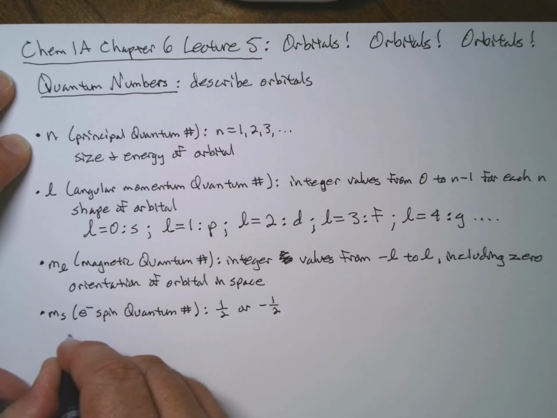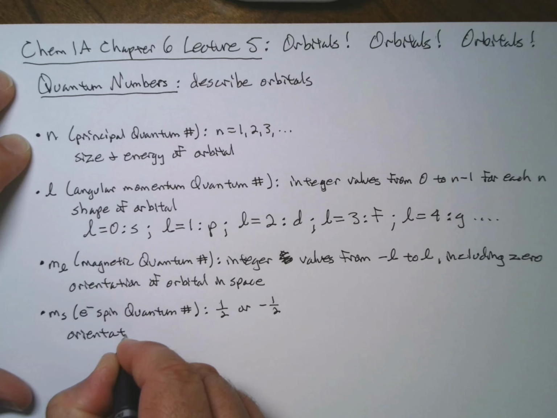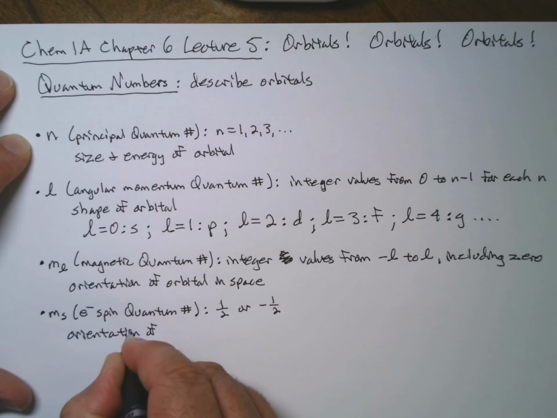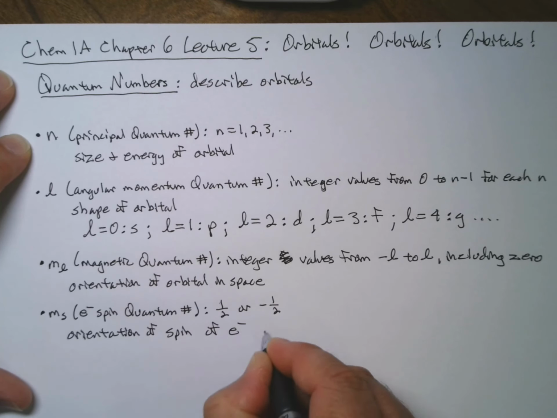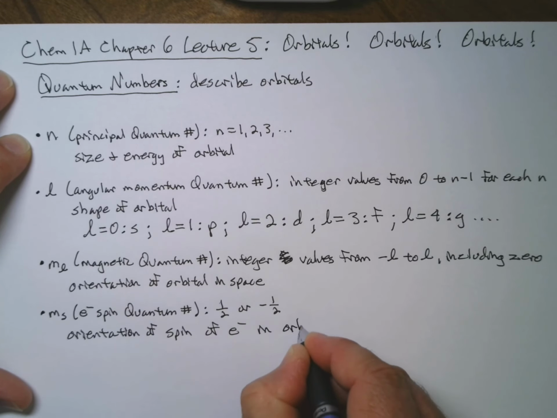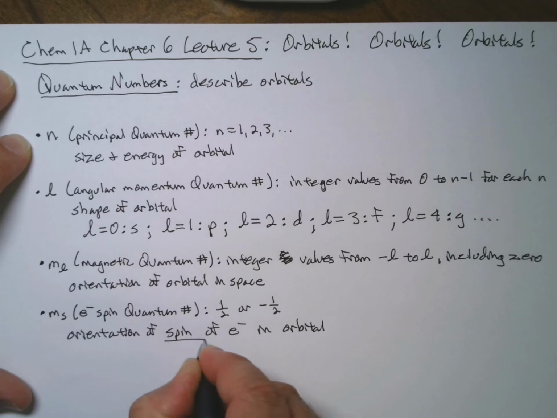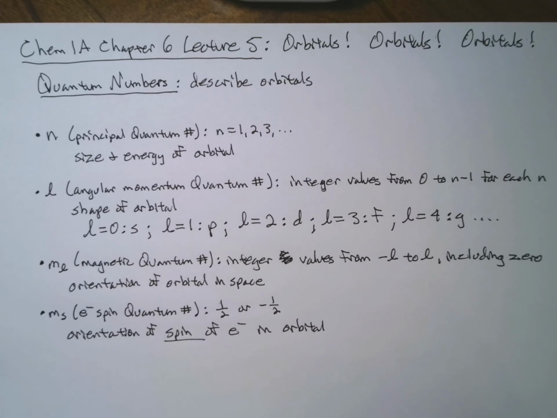And this is the orientation of spin of the electron in the orbital. Now, spin does not mean that the electron is actually spinning. It is a quantum mechanical property. We'll talk a little bit more about that later.